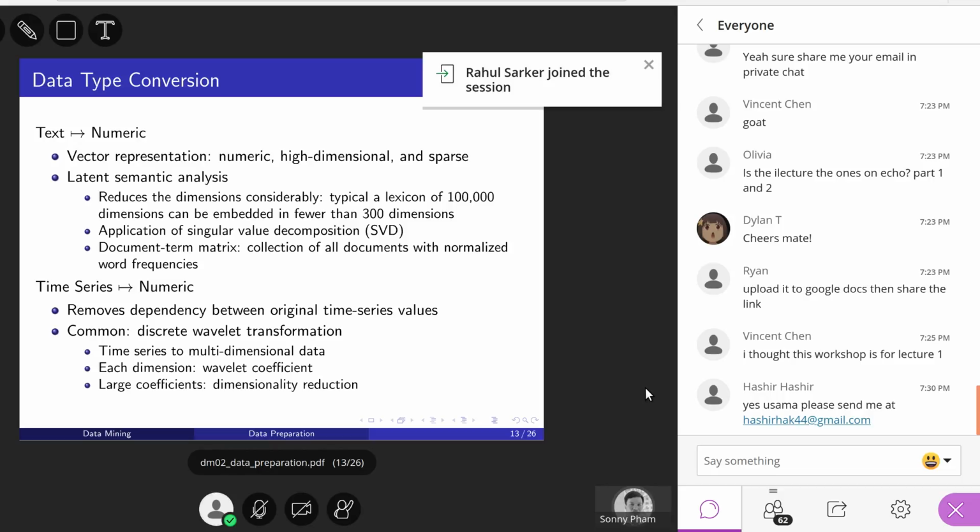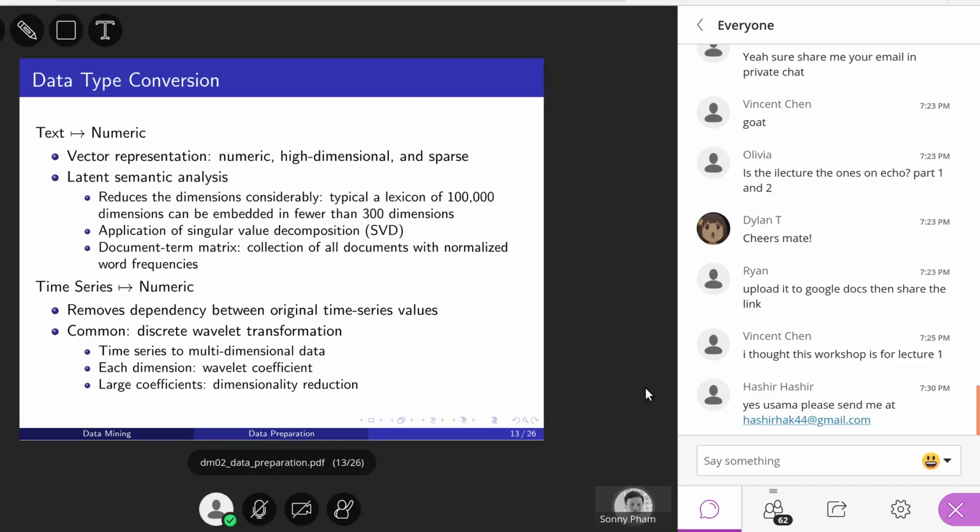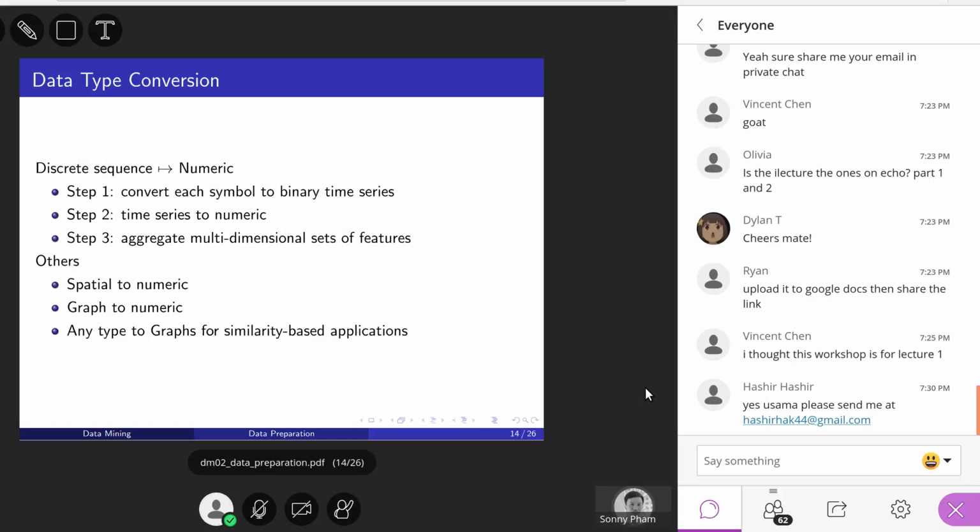So this is what we use for encoding video, images, and so on. By capturing the variations of the values, we can describe time series more effectively, because in the raw data, it is very hard to see.